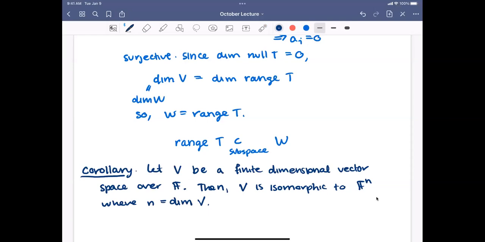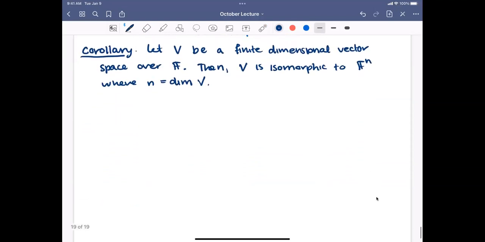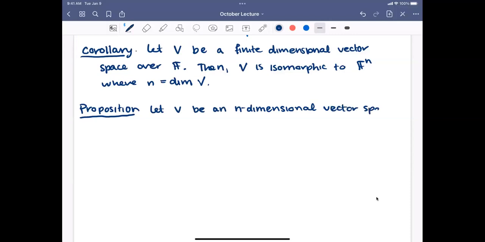Okay, so let's do an example. So let V be an n-dimensional vector space and W be an m-dimensional vector space.